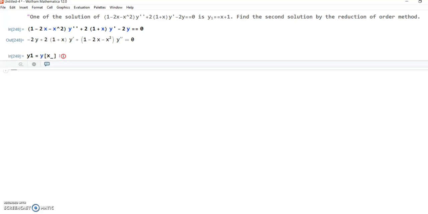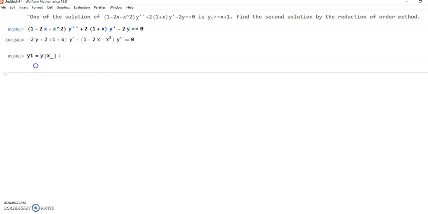So in this way we will define y1 as a function of x. Then let's define a function as u. Okay, so now I have defined a function u.